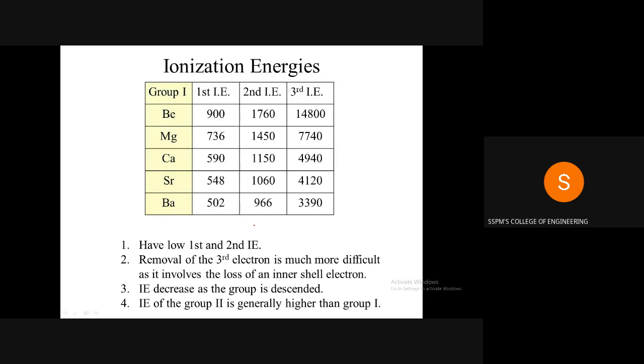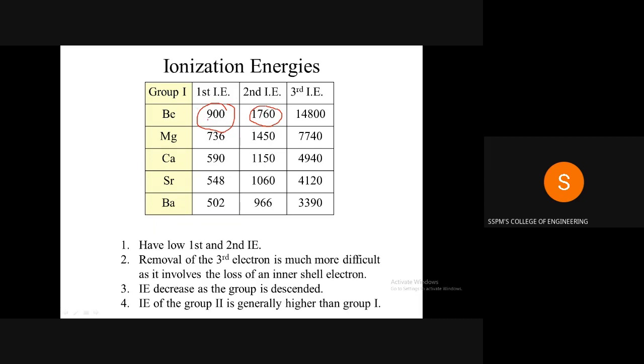The first ionization energy and second ionization energy are low. When you compare both, the second is higher. For example, the first ionization energy is 900 and the second is 1760, so the first is low compared to the second.